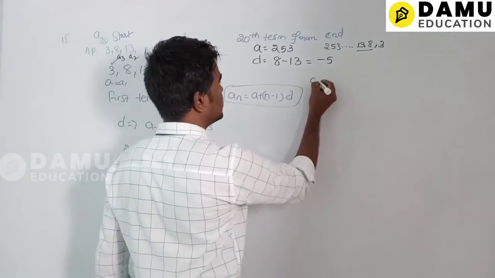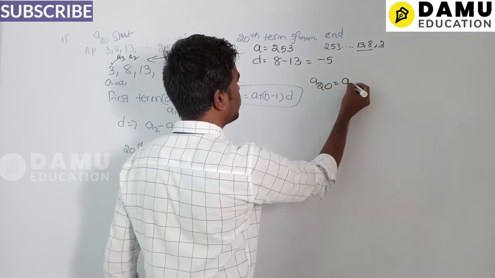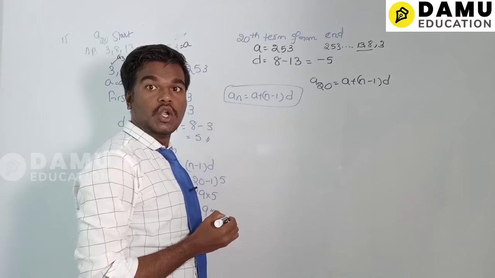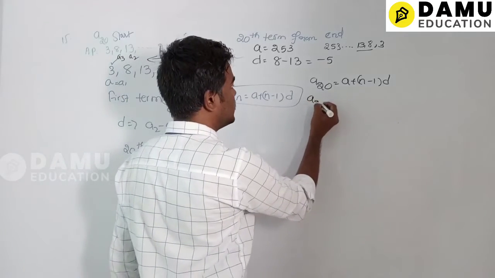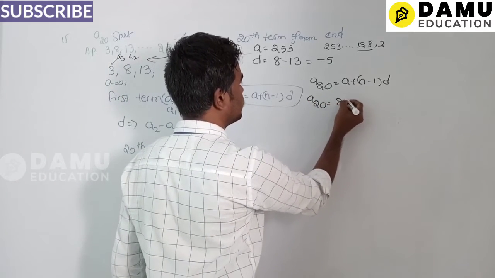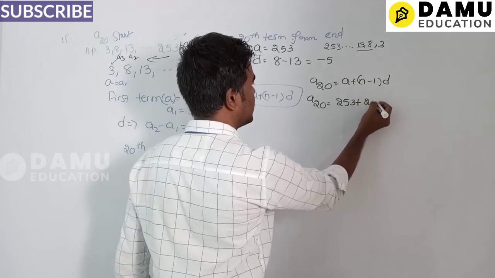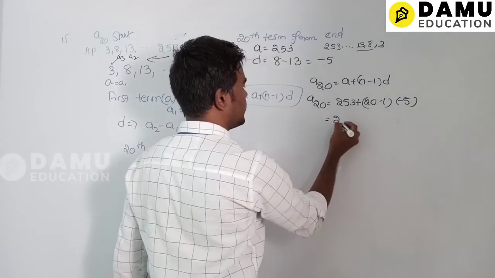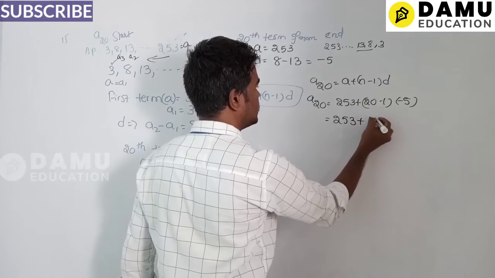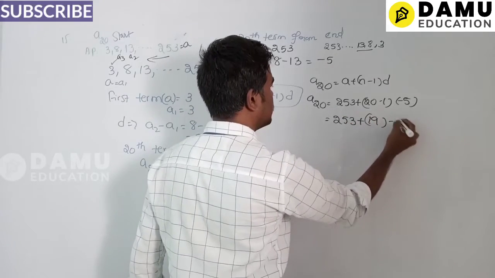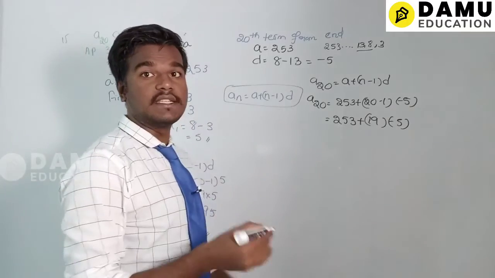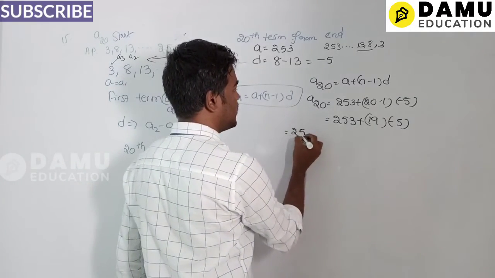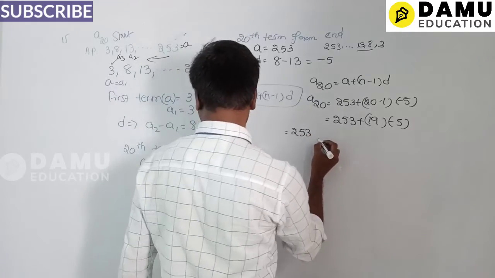Then what is the 20th term from the last? That is a plus n minus 1 into d. So a20 from the end: a will be equal to 253 plus 20 minus 1 which is 19, and d is minus 5. So 253 plus 19 into minus 5. Reverse means the difference will be negative.